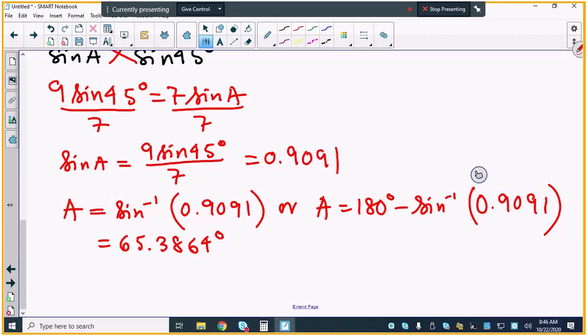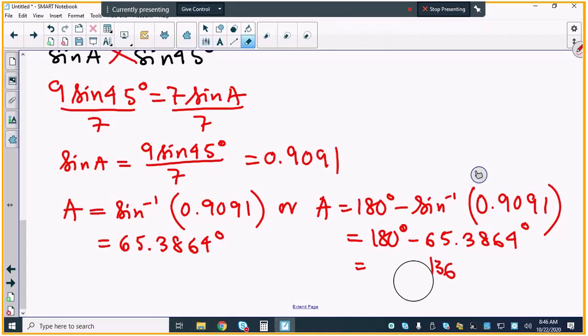So eventually this other option is going to be 180 degrees minus 65.3864 degrees. So when I subtract, I get 6, and then 9 minus 6 is 3, 9 minus 8 is 1, so this is going to be 6, 1, 3, 6.